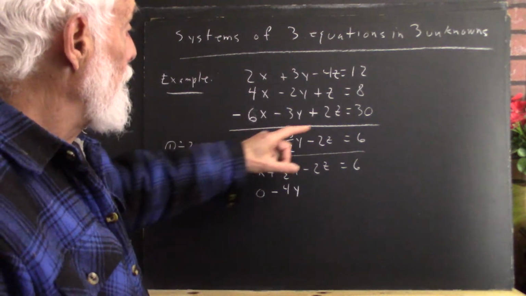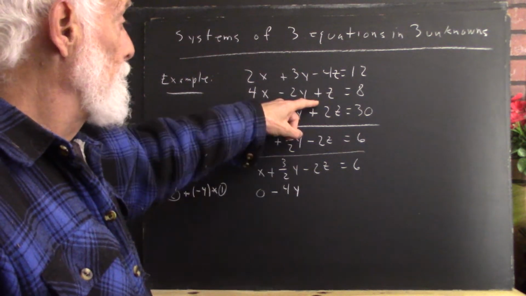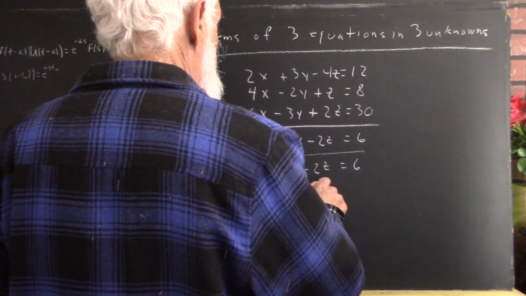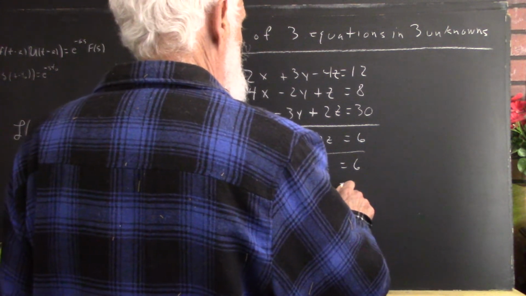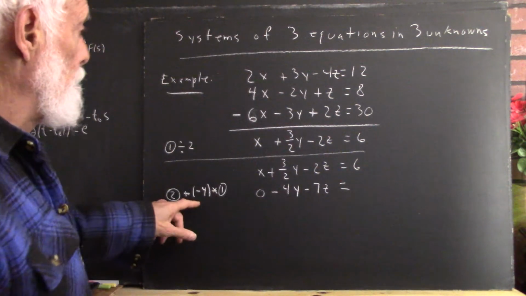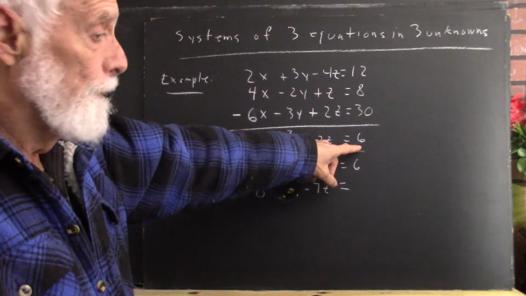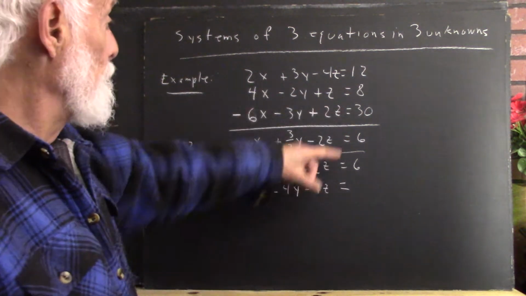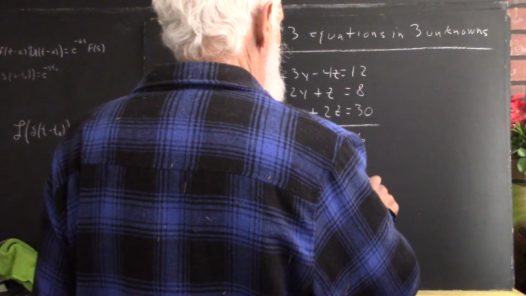I add that to the z here and I have minus 7z. And then negative 4 times 6 is negative 24. I add that to 8 and I get negative 18.